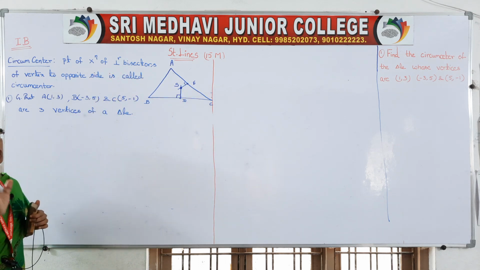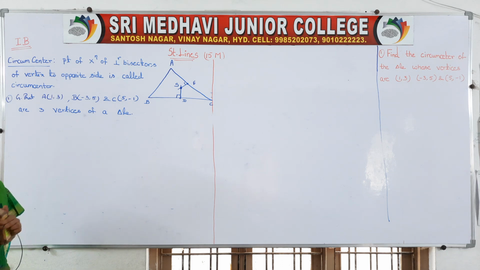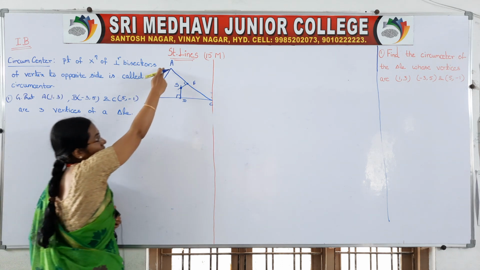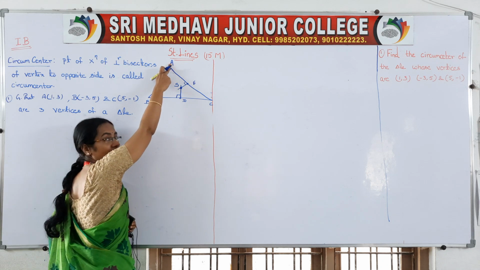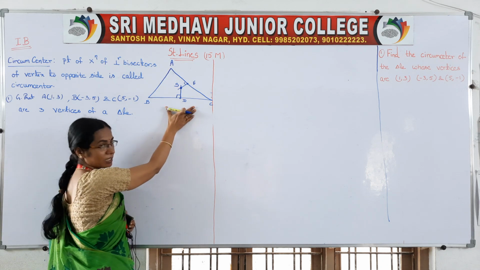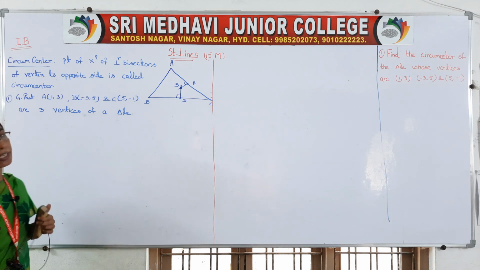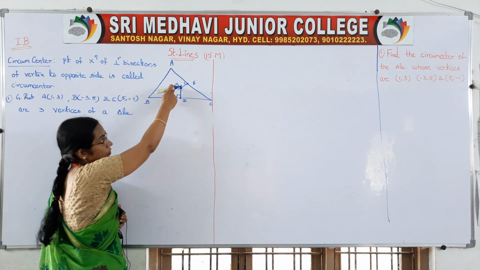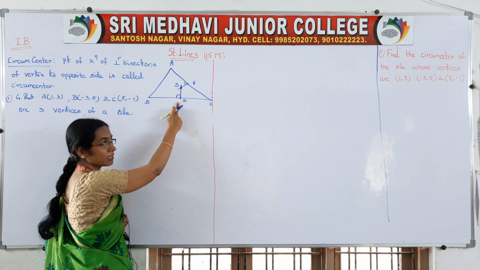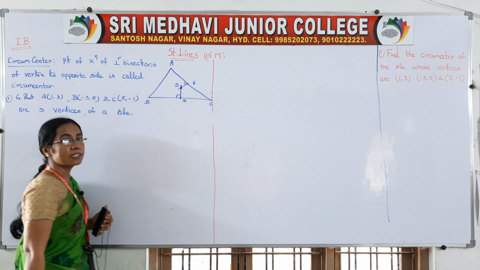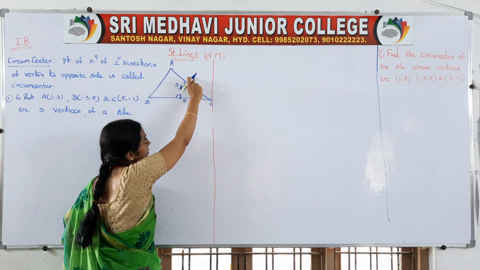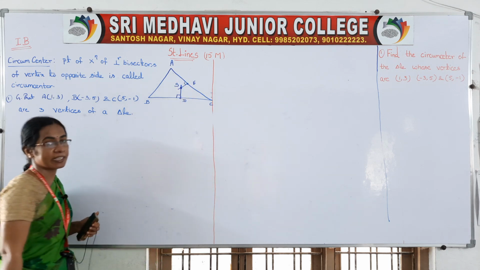The point of intersection of the perpendicular bisectors of the opposite sides of the vertices. This is one vertex, its opposite side is BC, and its perpendicular bisector is SD. So you find the perpendicular bisector SD, and similarly you find the other perpendicular bisector SE.